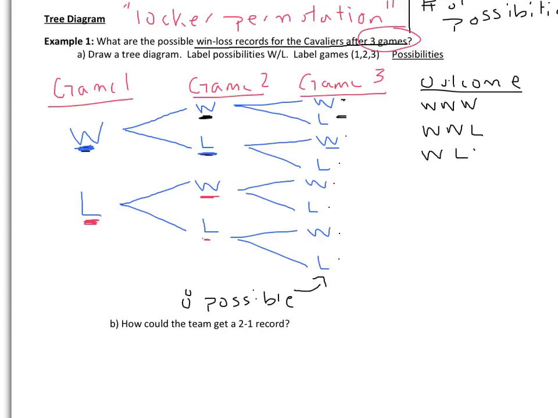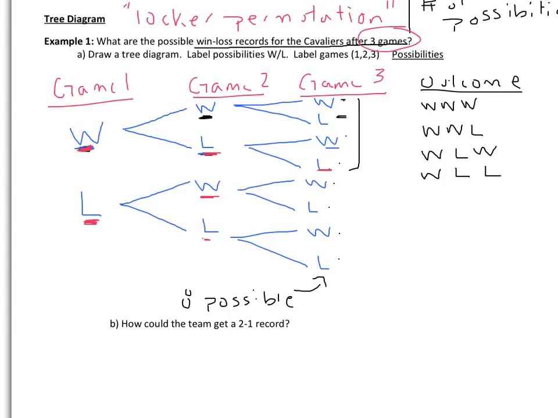Notice I'm coloring underneath the letter so you can see where I'm getting each of these possibilities from. We can have win, lose, lose. And see, we've already taken care of our first 4 end branches.